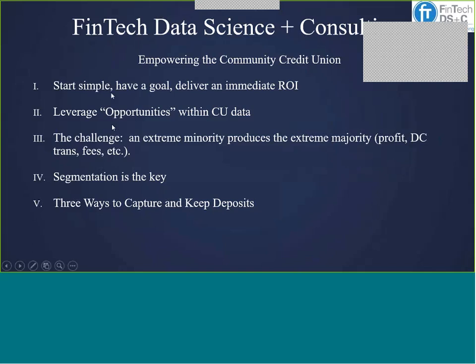There's a tremendous amount of opportunities within credit union data. We'll talk about several of those today, but we're talking specifically today about ways to capture and keep deposits. One of the recurring themes you're going to hear from me is that the challenge is an extreme minority of our members produce an extreme majority of our member contribution, our debit card transactions, our non-interest income.